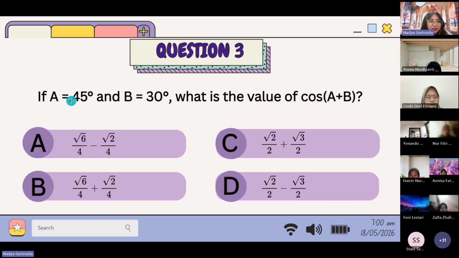Next, the third question. If A is equal to 45 degrees and B is equal to 30 degrees, what is the value of cosine A plus B? Who wants to answer? You can use the formula on the slide before.